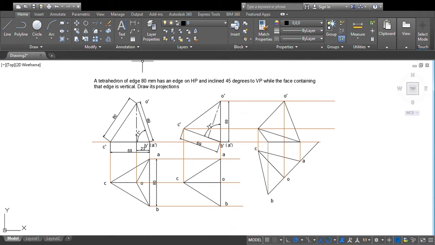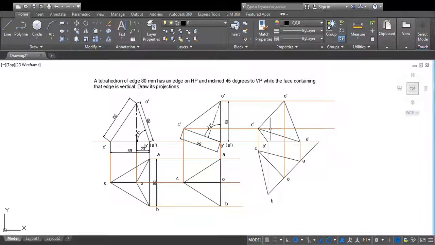Then you have C2 dash, this is A2 dash, then one more B2 dash. So in that way, I can get the final diagram.